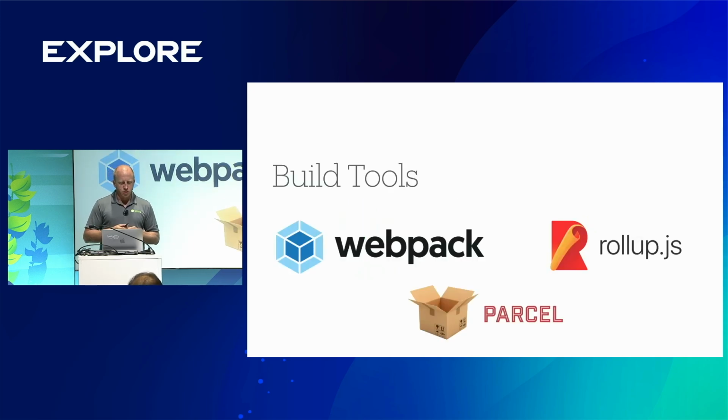So then build tools. Before ES modules were available in browsers, we had no mechanism for authoring JavaScript in a modularized fashion, right? This is why we're all familiar with, or at least we've heard of, the concept of bundling, right? Using these tools to crawl, process, concatenate, and source modules into files that can be run in the browser.